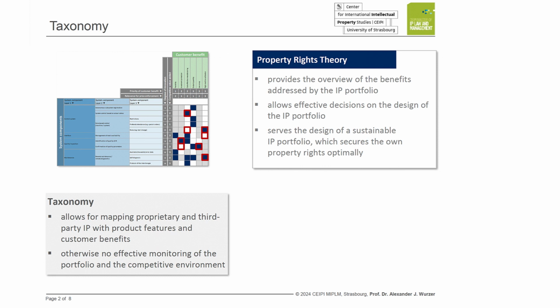This allows effective monitoring of both the own portfolio and the competitive portfolio. And this is then the basis for effective decisions in designing the own portfolio to have the best protection or the best position in the market.